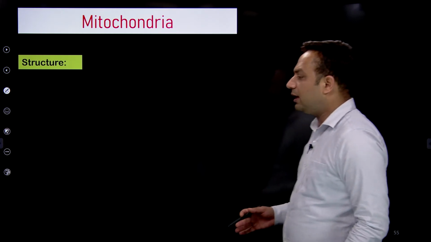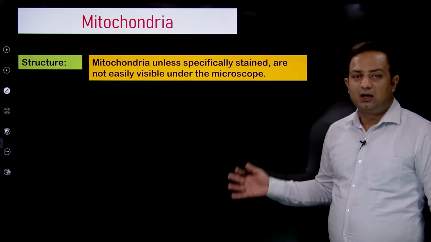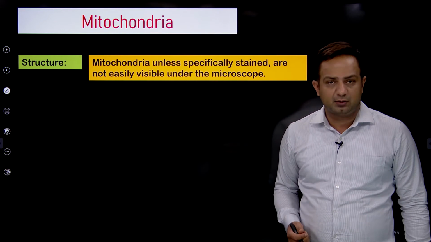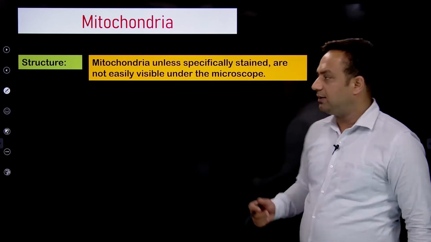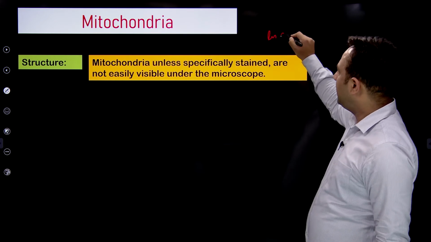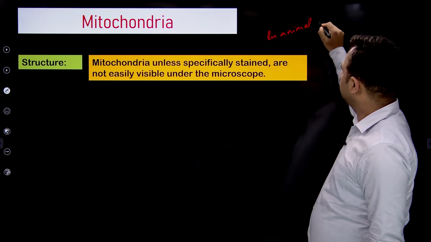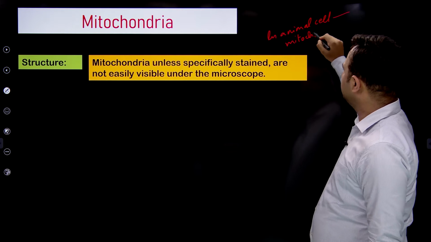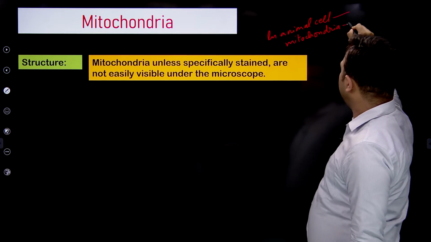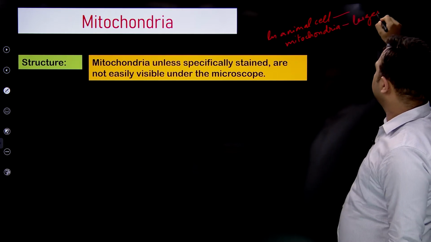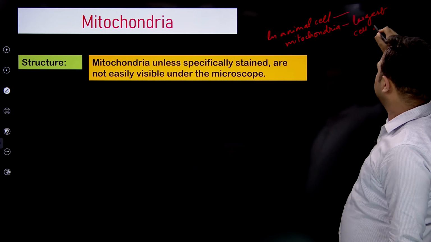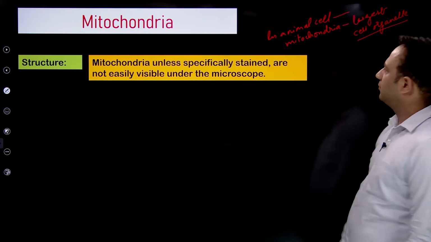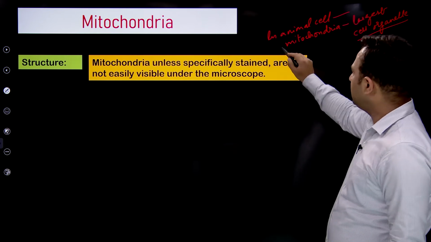Next, about the structure. Mitochondria being a double membraned cell organelle, it is still not visible if we do not stain it. In the animal cell, mitochondria is the largest cell organelle.